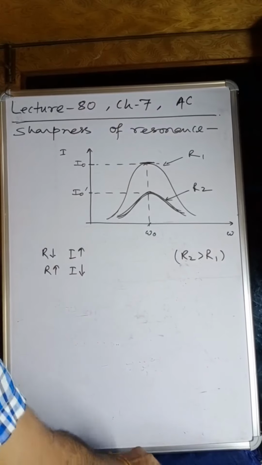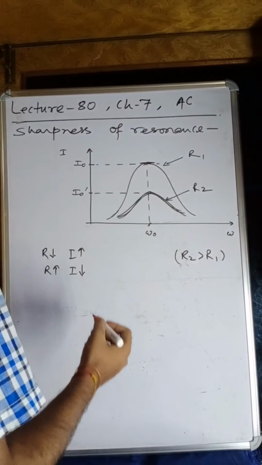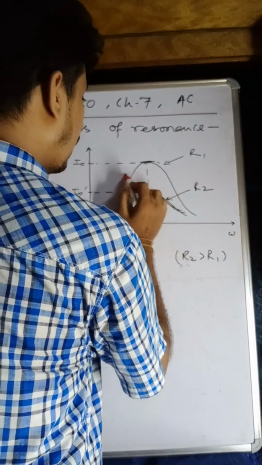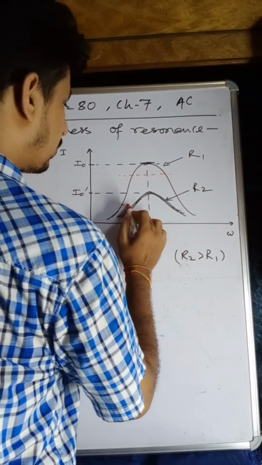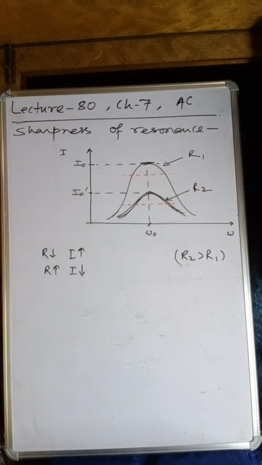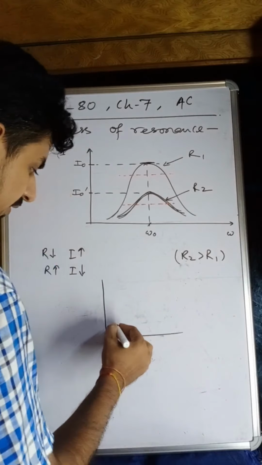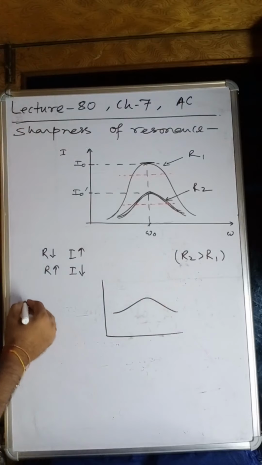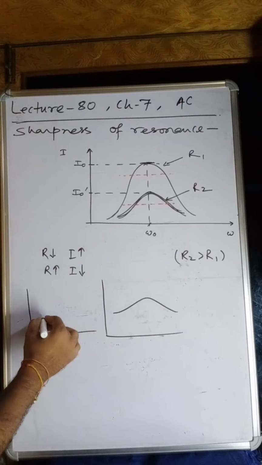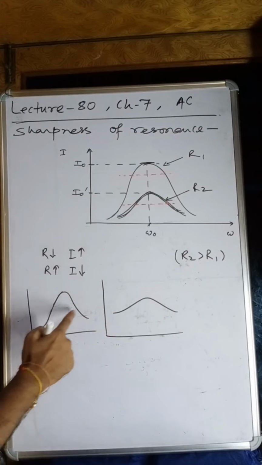Now the next thing that we have to study, look at it carefully. If we draw a line parallel to the frequency axis in both the diagrams, you can see in the next diagram, one is very flat and the other looks more sharp.